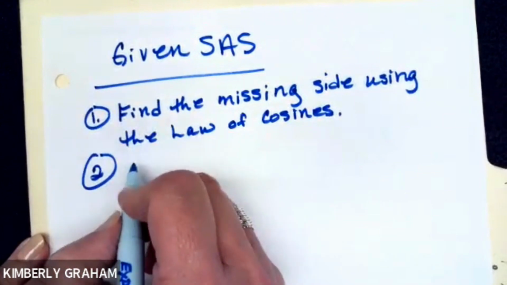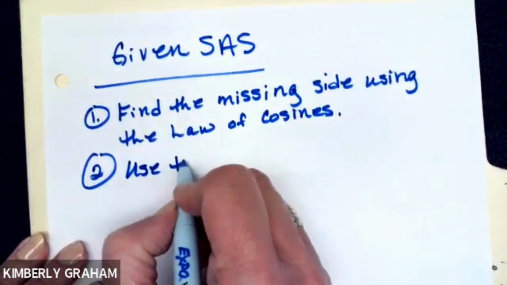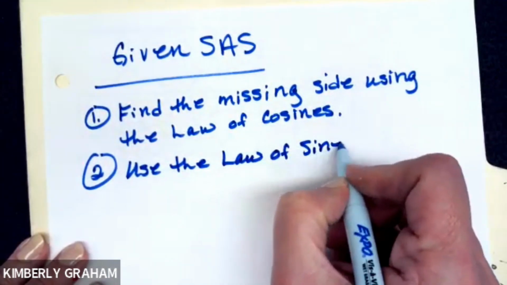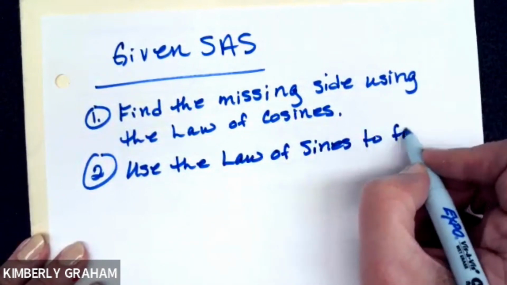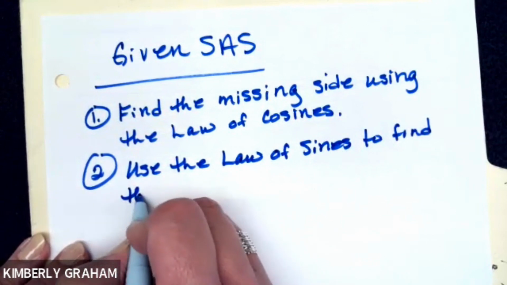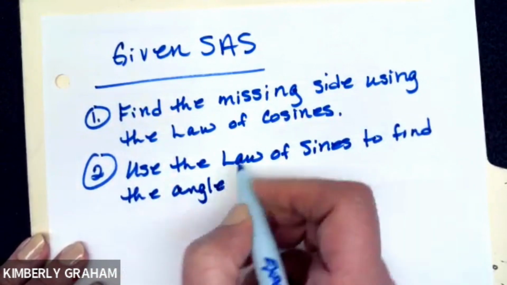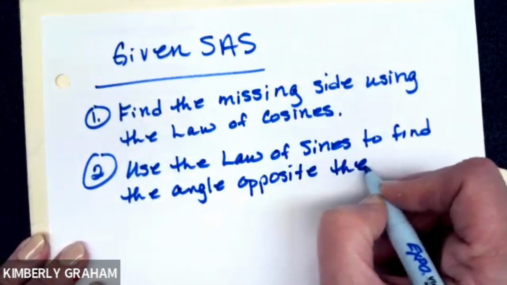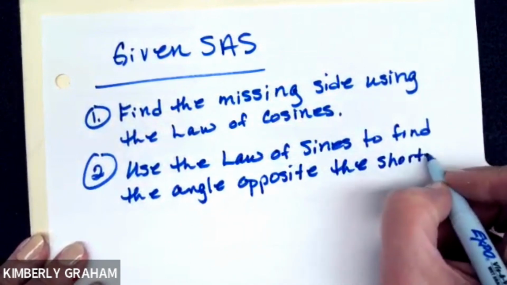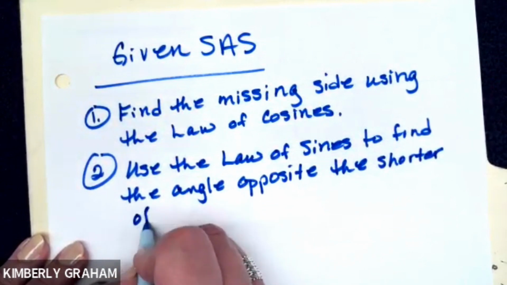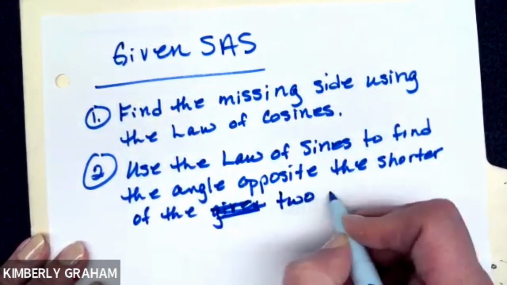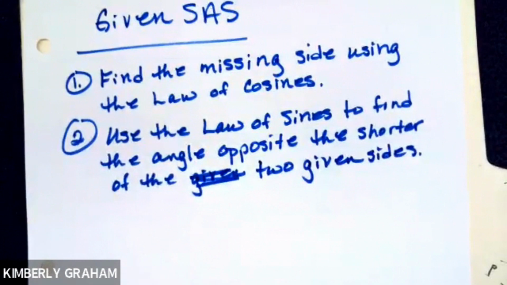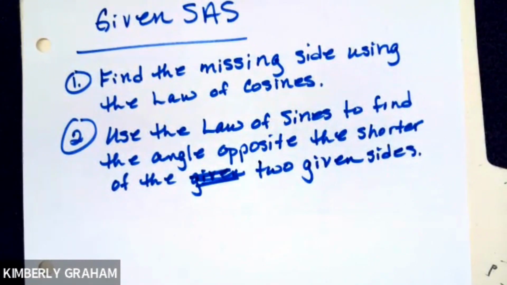Then your second step is to use the law of sines to find the angle opposite the shorter of the two given sides.